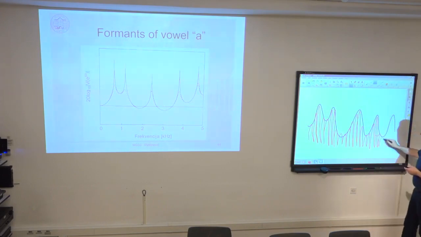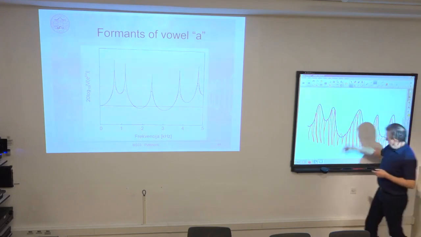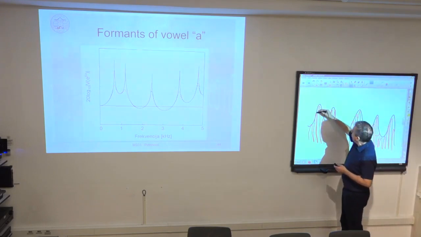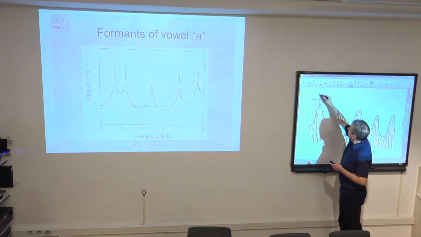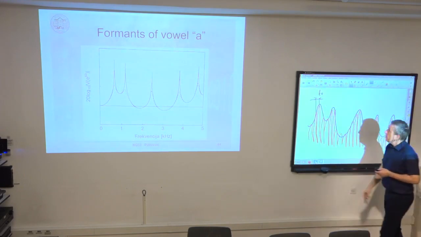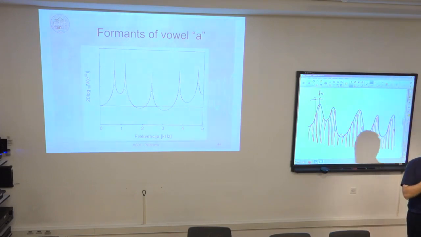The excitation signal is periodic, and that means that the separation between individual harmonics is always the same. It is F0, or fundamental frequency, at which your vocal folds are vibrating.